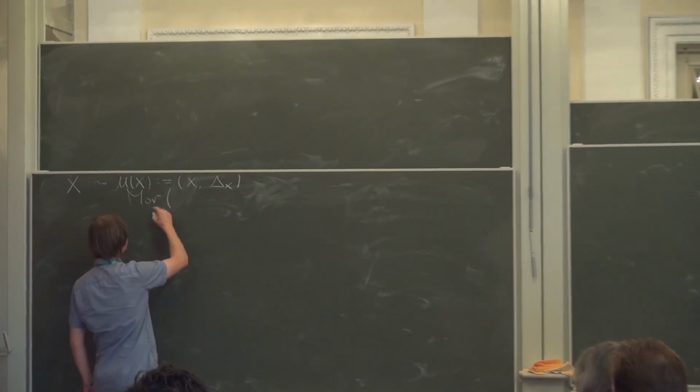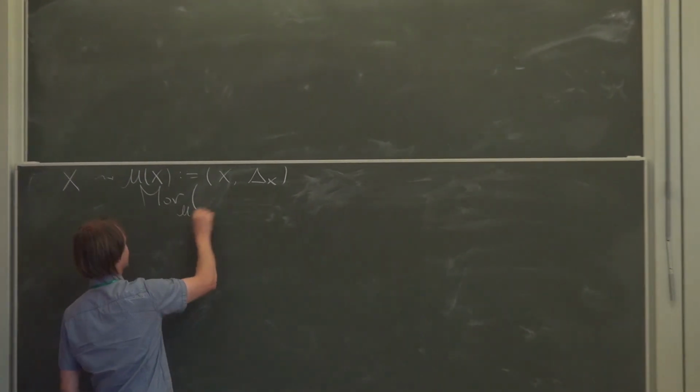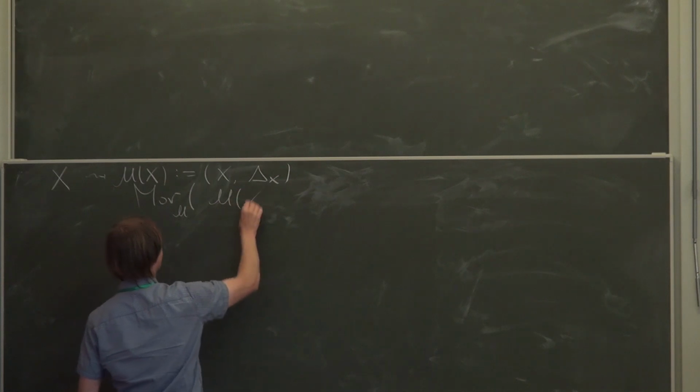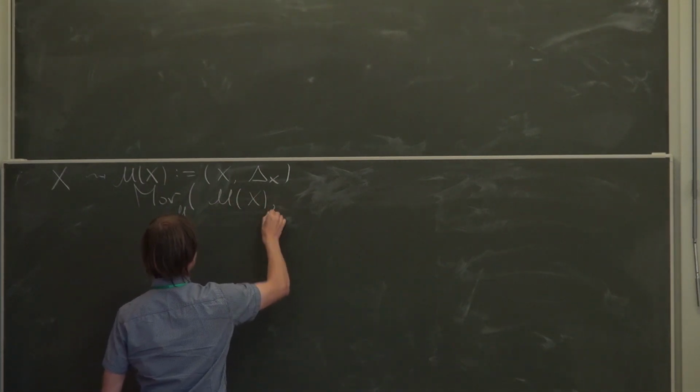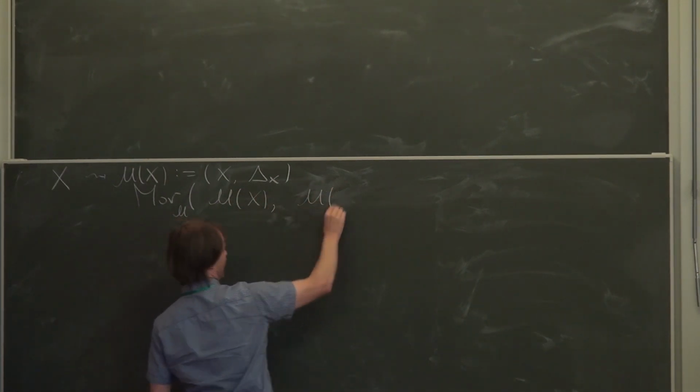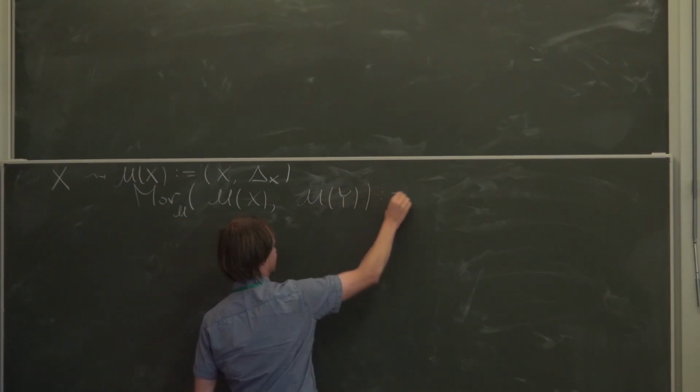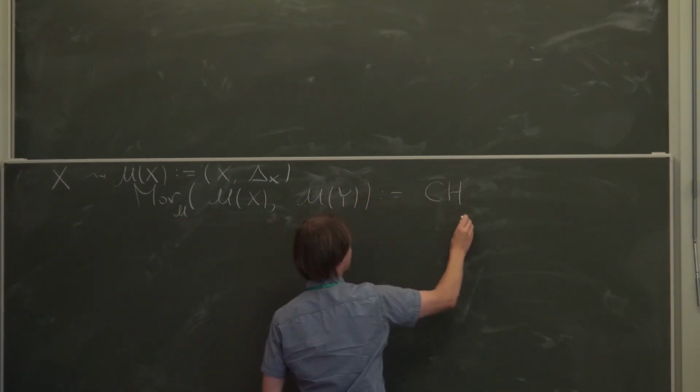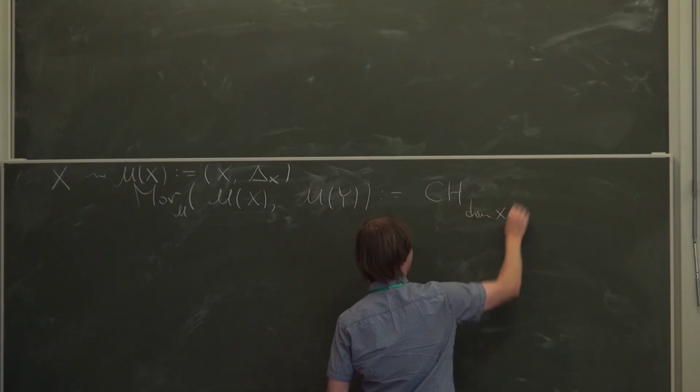And then I wrote a formula for morphisms in this motivic category between the motif of X and the motif of some other variety Y, which was the Chow group of the product.